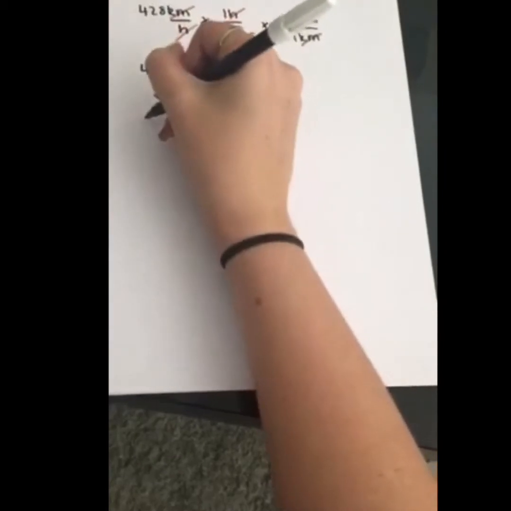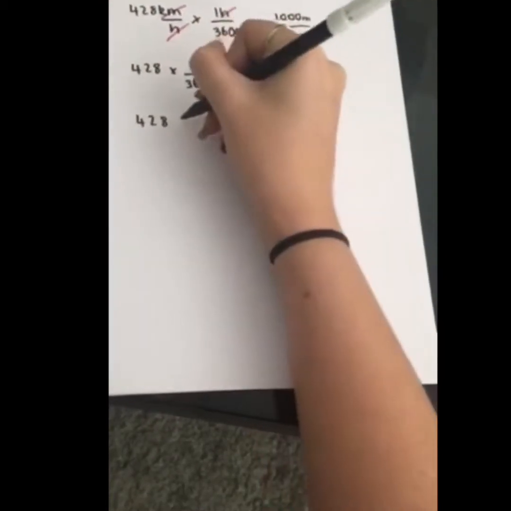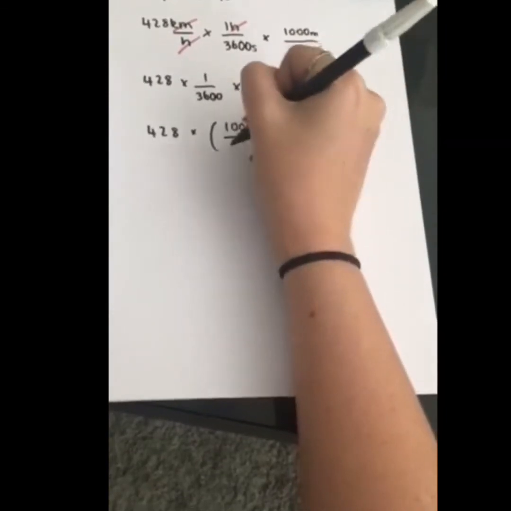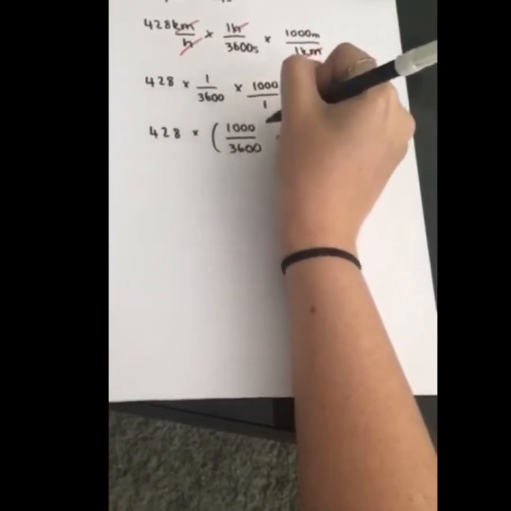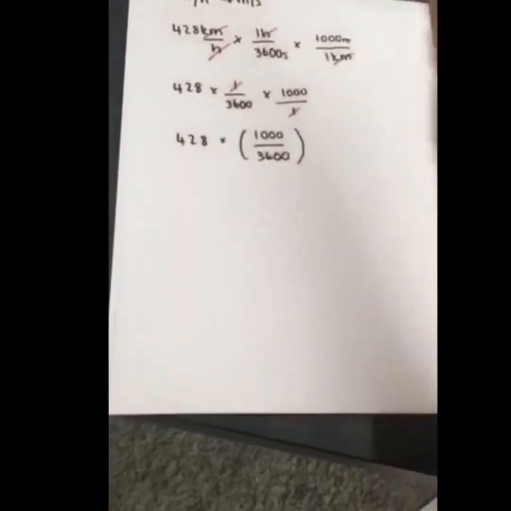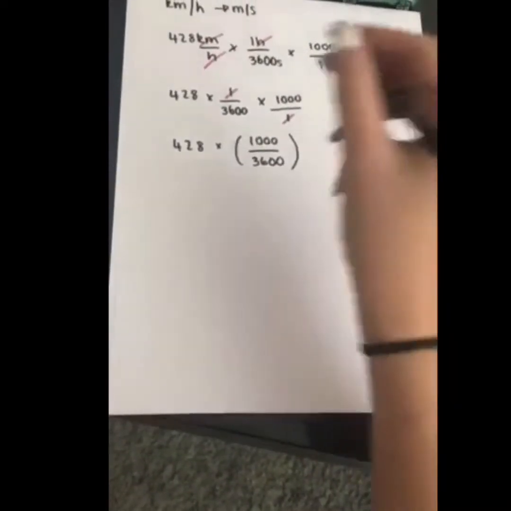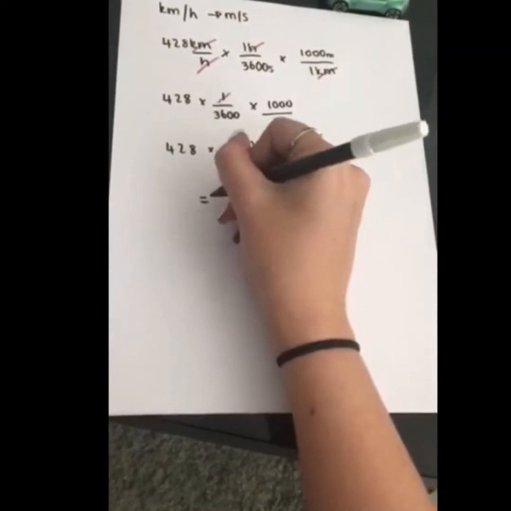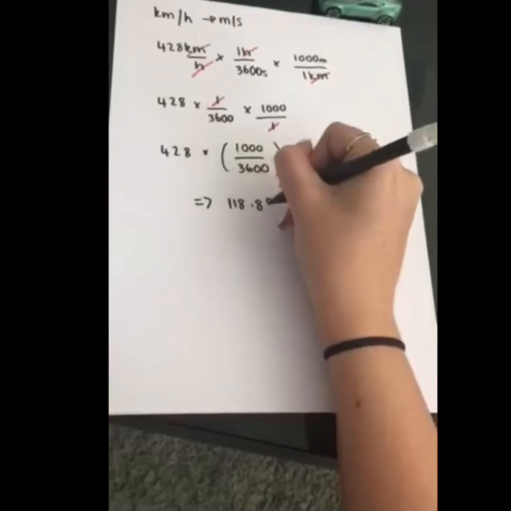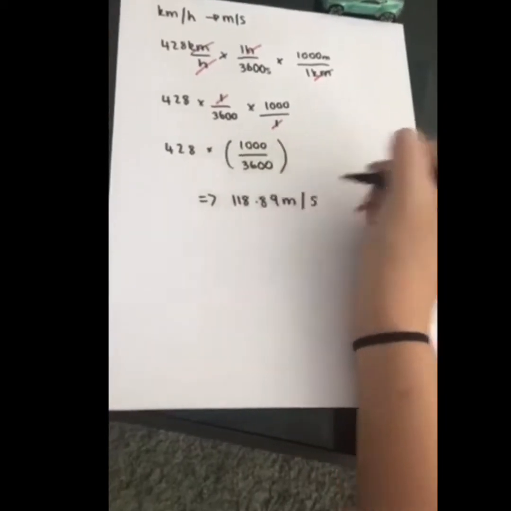This then can transfer to 428 multiplied by 1,000 on 3,600. Now we know this works as we cross off the ones. Working all of this out, we are given 118.89 meters per second.